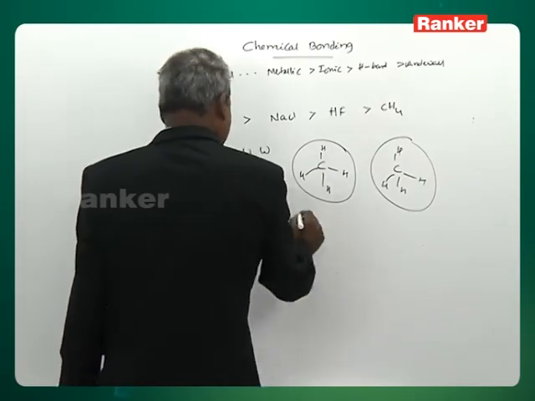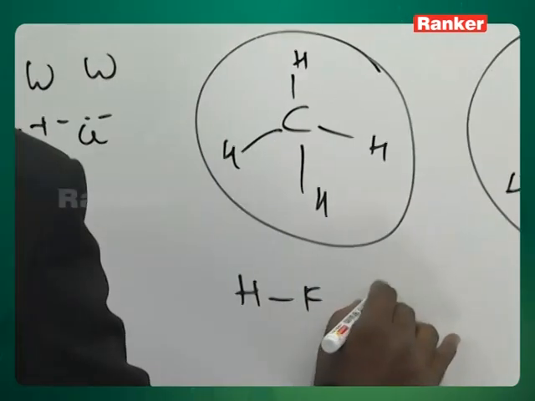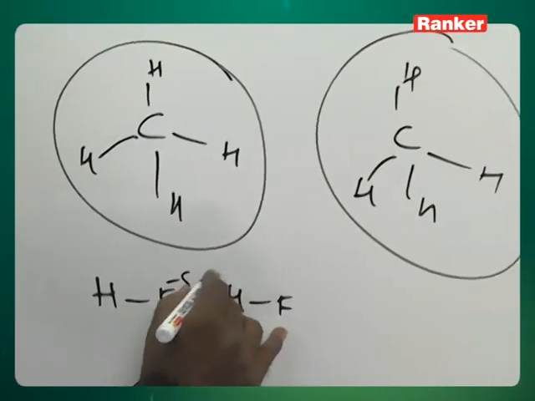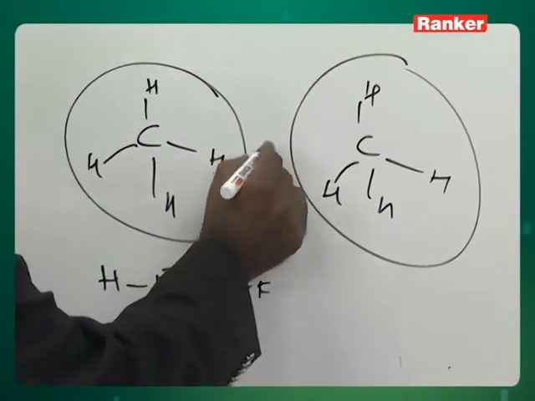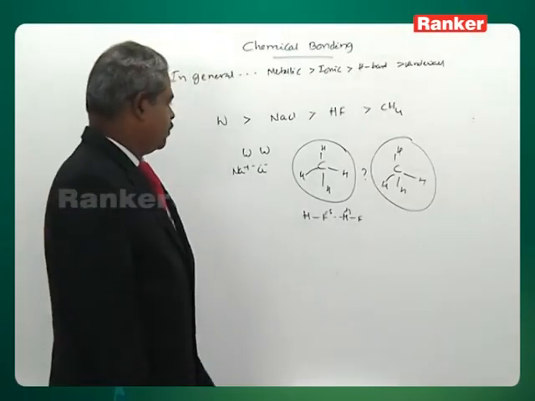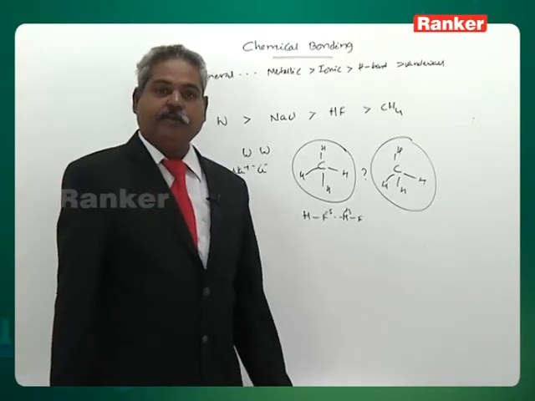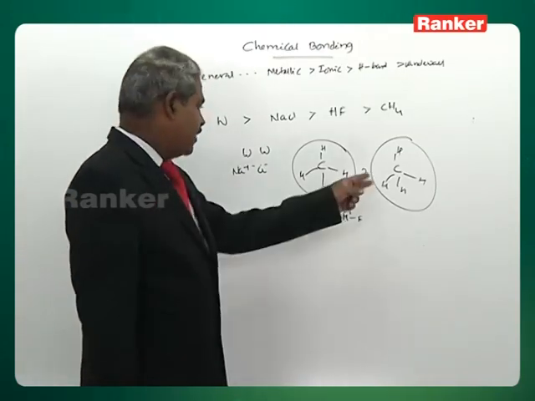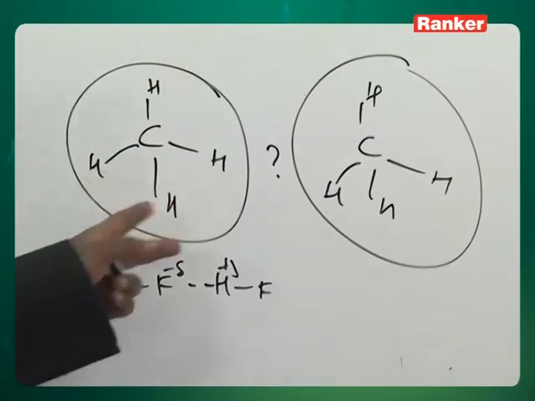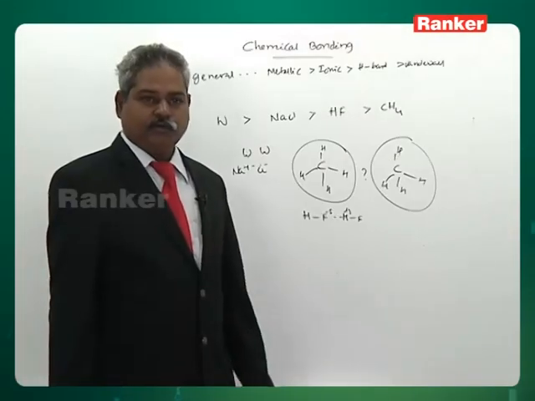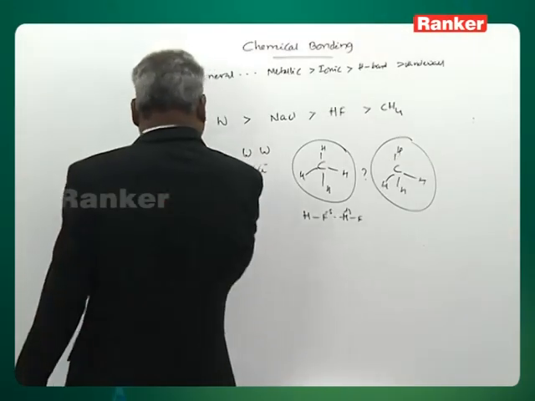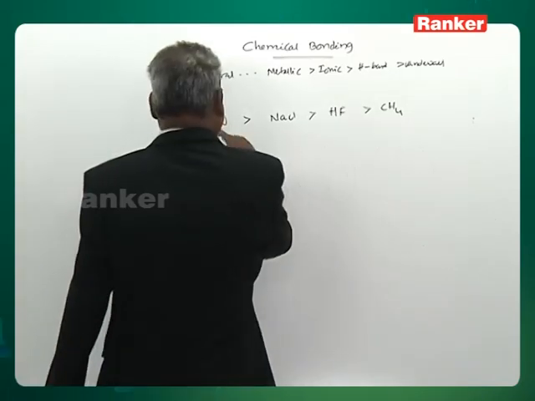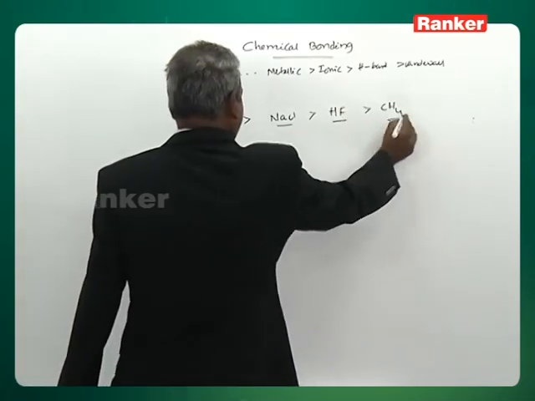Between HF and HF, you at least have hydrogen bond. But what do you have here? Nothing. You don't have any attractive force between methane and methane, and that nothing is called van der Waals force of attraction, which depends on mass. Van der Waals force of attraction.